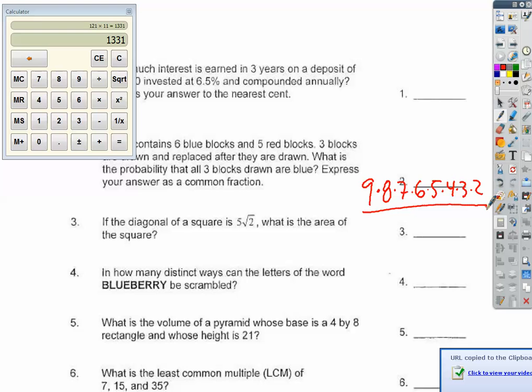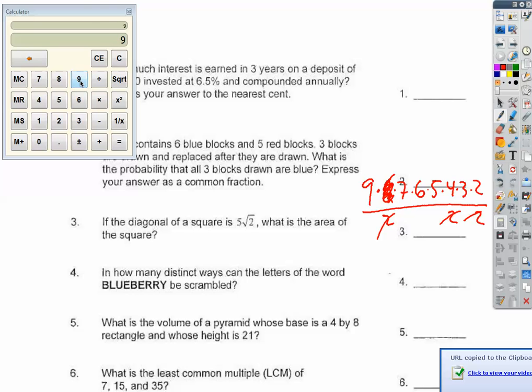Now obviously you have a factorial button on your calculator. And I have 2 B's. That's 2 factorial, but 2 times 1 is 2. I have 2 E's, so that's another 2. And I have 2 R's. 2 times 2 times 2 is 8. There you go.